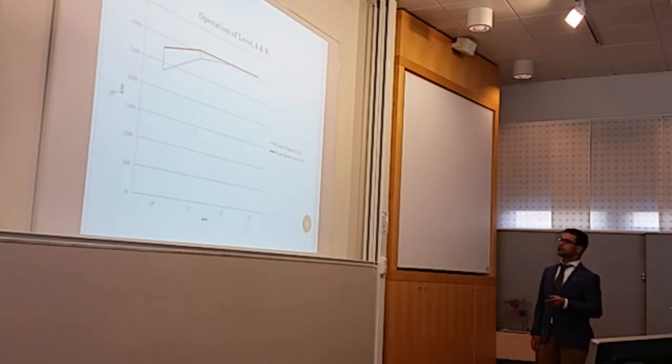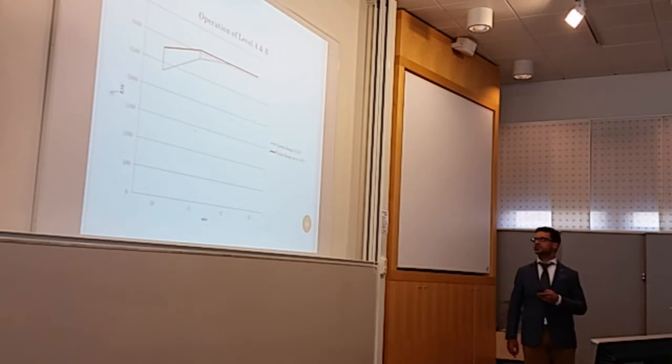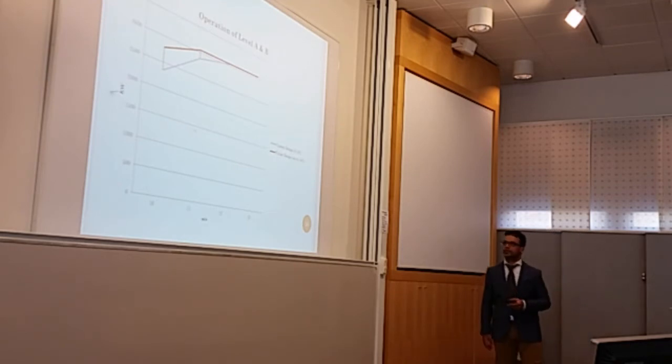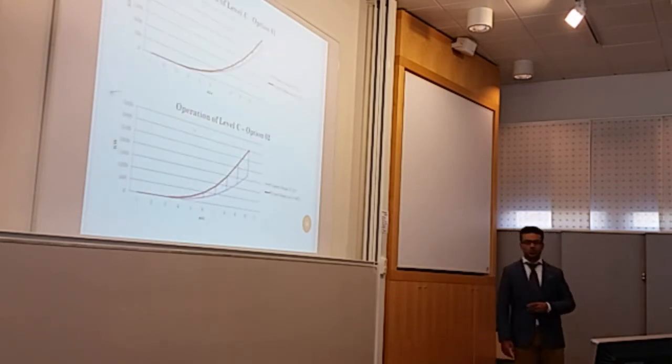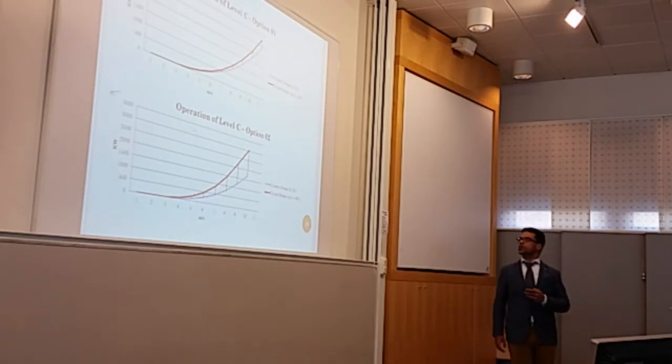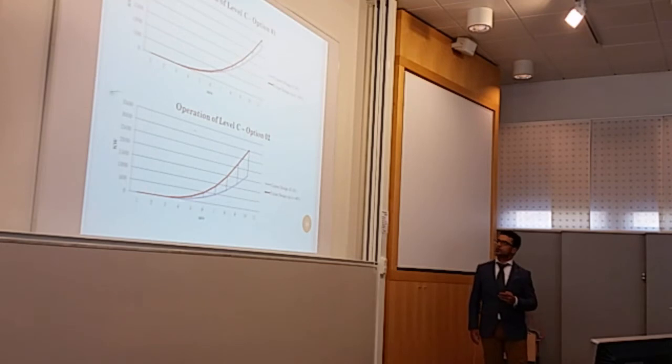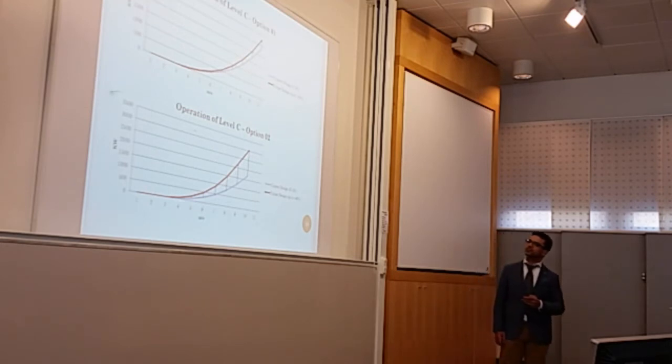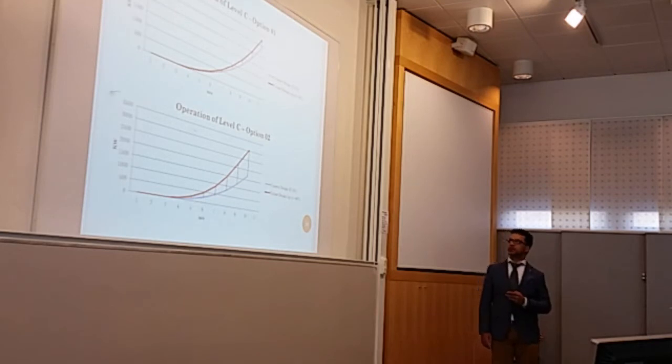And we see from the calculation that the future design will increase production by 10% at this level. Level C is looking different. At level A, for option 1 and option 2, when we increase the hub height by only 50%, the future design will provide 16%.